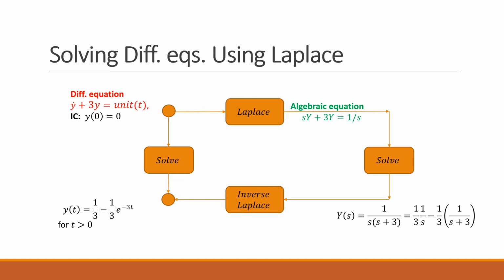Since the Laplace of a unit step is 1 over s, the Laplace inverse of 1 over 3s is 1 over 3 times the unit step, i.e. 1 over 3 for time t greater than 0. Since the Laplace of e to the power minus 3t is 1 over s plus 3 as seen before, the Laplace inverse of 1 over 3 times s plus 3 is 1 over 3 times e to the power minus 3t. This is how you use partial fractions to find the Laplace inverse.